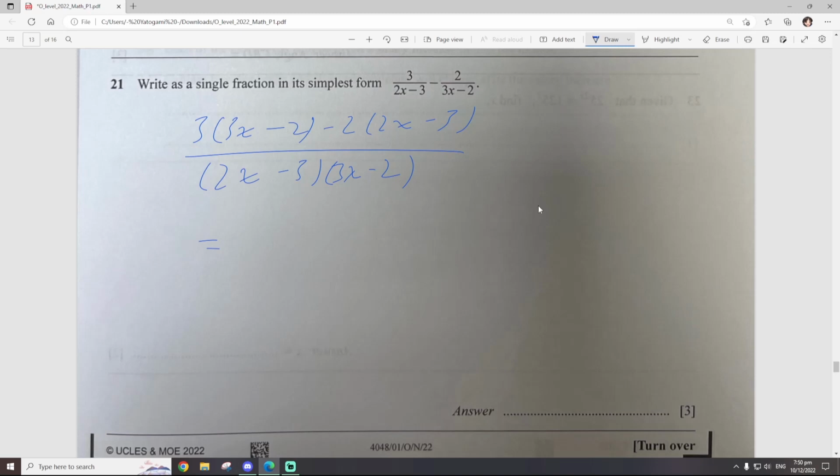So if we expand the top, it should be 9x minus 6 minus 4x plus 6, over 2x minus 3, 3x minus 2. If you combine this together, 9 minus 4 is 5, so you just get 5x, and the 6 is cancelled out, so you just get 5x over 2x minus 3, 3x minus 2. So that's your answer.